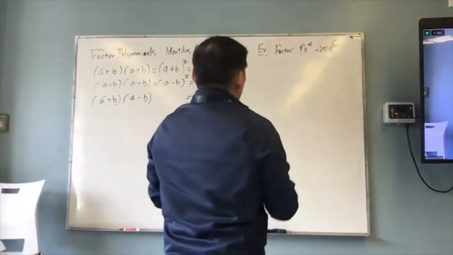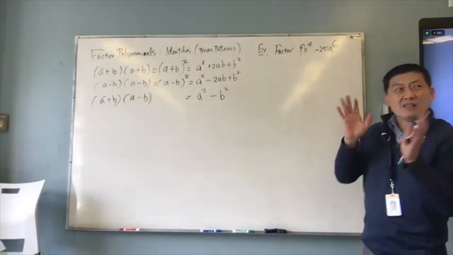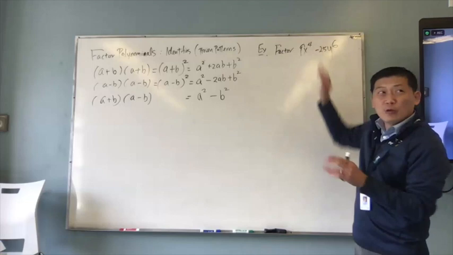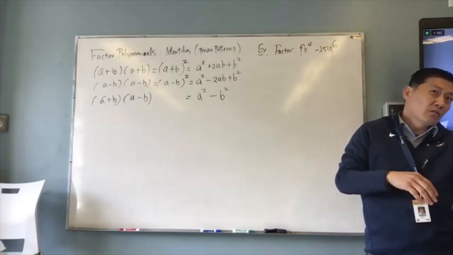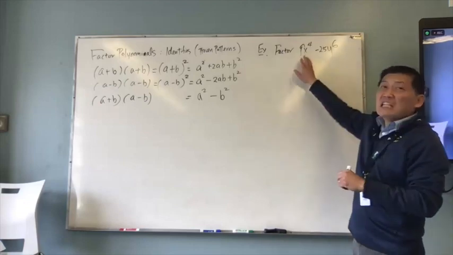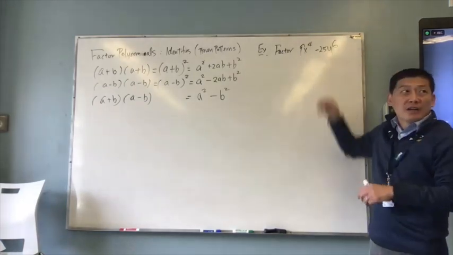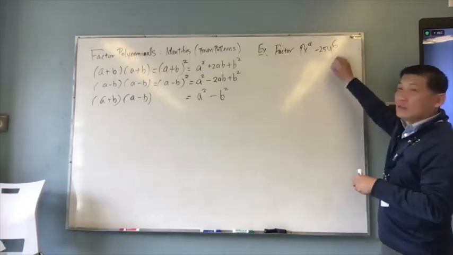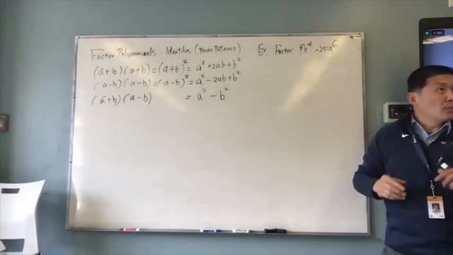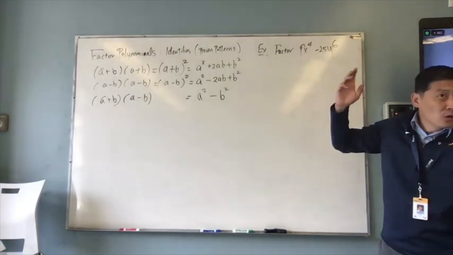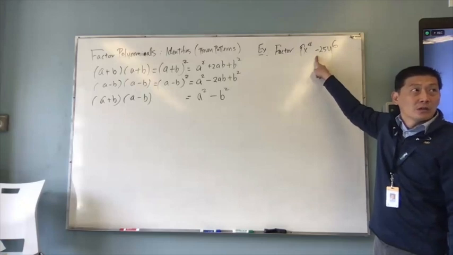So you can think of it this way. I can see that x to the 4th power can be written as something else to the square. I can see 9 as some number squared. I can see 25 as some number squared, and y to the 6th power as some expression squared. And not only that, what's more important is that there's a minus in between, right?